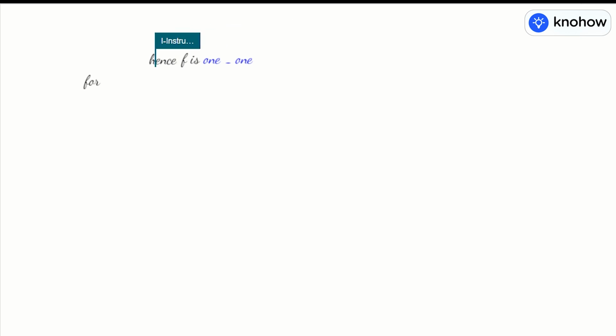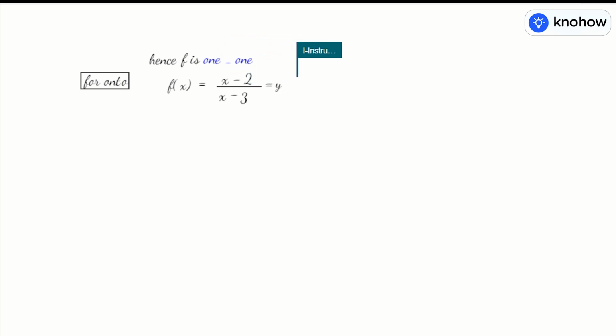To check onto, we have f(x) defined as (x minus 2) over (x minus 3) equal to y, where y is an element in set B. Let me see if I could find a value of x for which its image will be y. From here you work out the value of x.